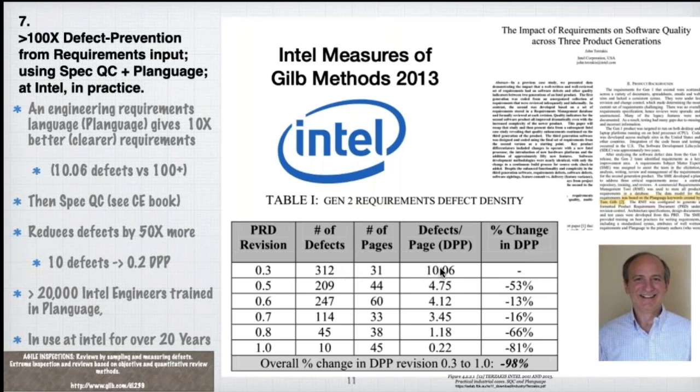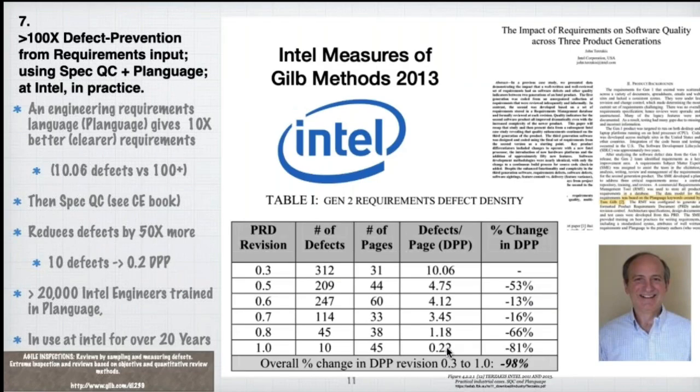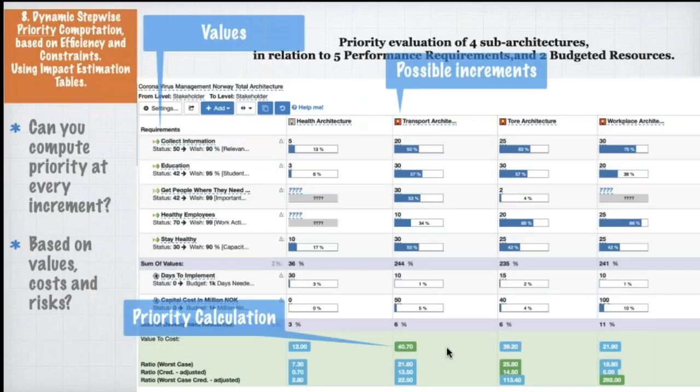So they use this quality control process known as Spec QC to motivate the team to go back and do their job 50 times better before they're allowed to release their requirements. This is engineering by an engineering company that has kept using my methods for 20 years because they don't know of better methods yet, to my knowledge. Okay, and I do know. So, another example of real engineering.